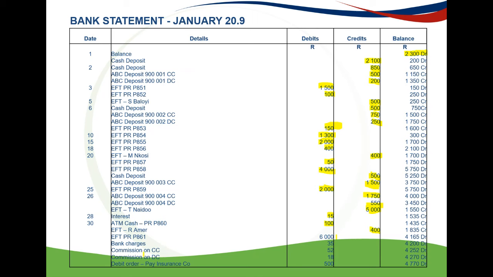Also on these commissions on your deposits, when you make these deposits, they charge you a certain amount per deposit. So they will reflect them separately on the bank statement. But when you're going to record it in your books, these are all part of your bank charges. So you're not going to show them separately because they all are at the end bank charges. So we're just going to make one entry for those. So we're going to take the 35 plus the 52 plus the 18, which will then give us 105 Rand.